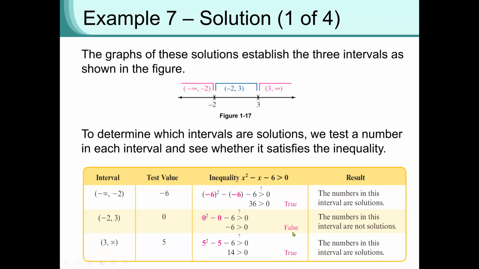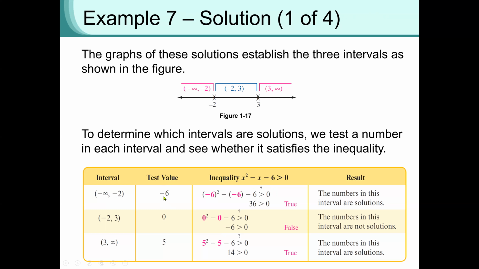Now our next step is to take any value within each of those 3 intervals, plug it in, and see if the condition holds. So first I have -infinity to -2. We can take any value between, for example, -3 or -4, any value.